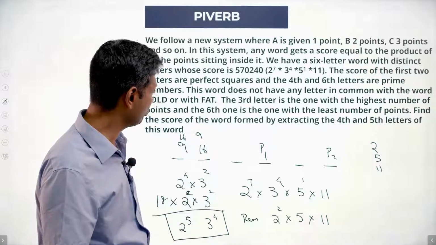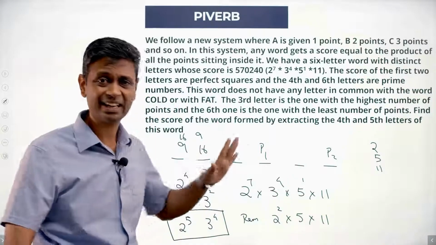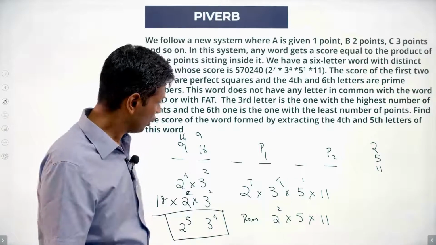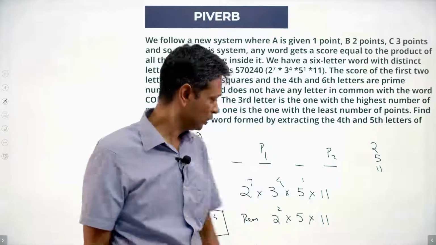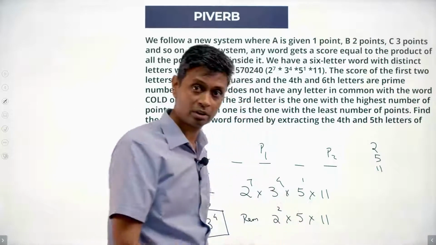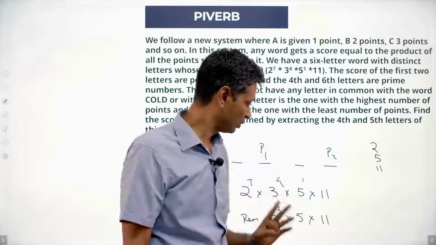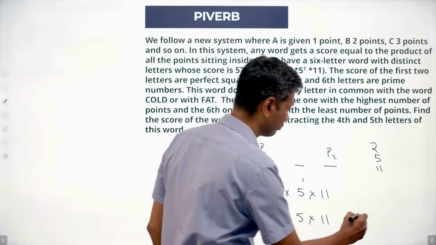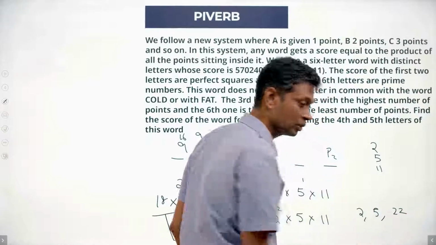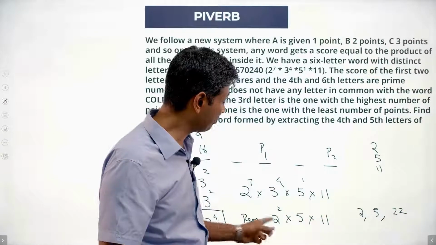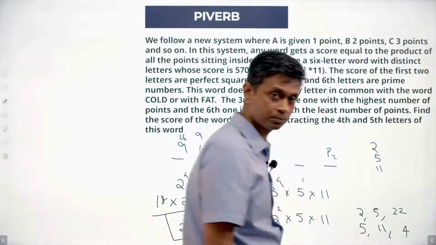The remaining has to be in 3 letters: P1, P2 and one more, because 18 is the other letter that's sitting there. Now, the primes could be 2 and 5, 5 and 11, or 2 and 11. If 2 and 5 are the primes, the third number will have to be 22. If the primes are 5 and 11, the third number will have to be 4.